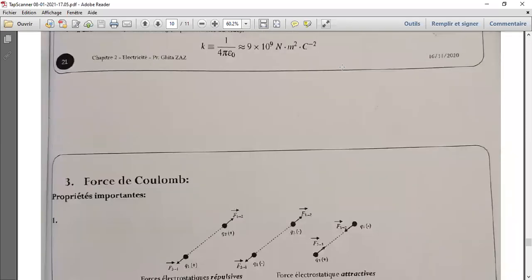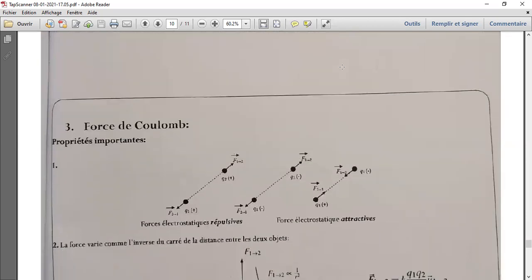Yeah, so if there are no questions, we're going to go to propriétés importantes, some important properties of these charges. You have to know these properties for you to be able to solve questions concerning the charges.